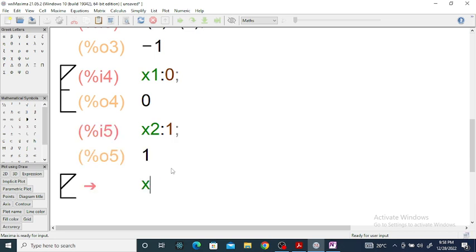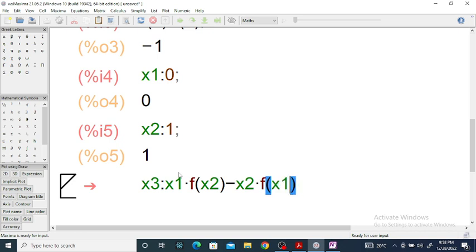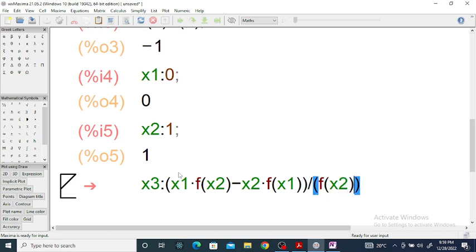Then x3 = x1*f(x2) − x2*f(x1), and divide this whole term by f(x2) − f(x1), so by using brackets we divide this term by (f(x2) − f(x1)).